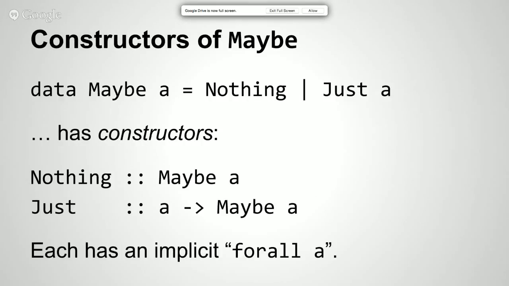In this case, the Maybe type has these constructors. Nothing is a value of Maybe A for all A. What that means is that every Maybe type has a Nothing in it as a value. Just is a function A arrow Maybe A. You give it anything you want and it will return a value in the Maybe type corresponding to that value.